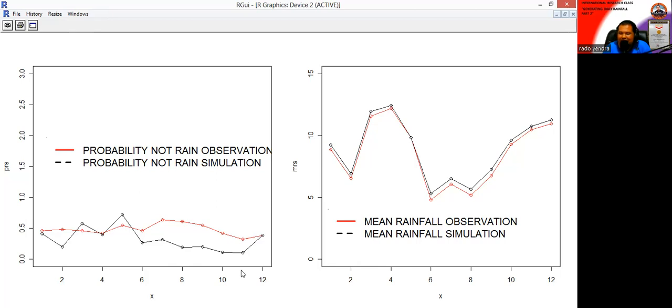Maybe we can change our distribution to Weibull, Beta, log-normal, Nakagami, or another distribution. You can check by running our program, the same program, only changing the parameter. Okay, this is our discussion for today.